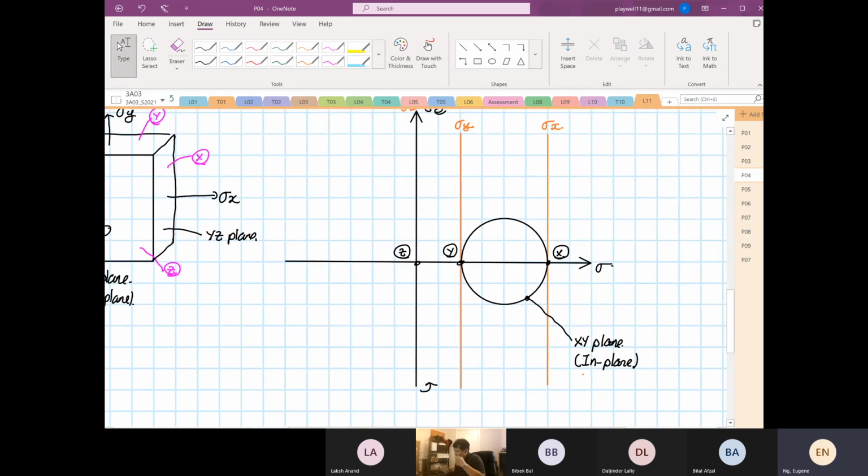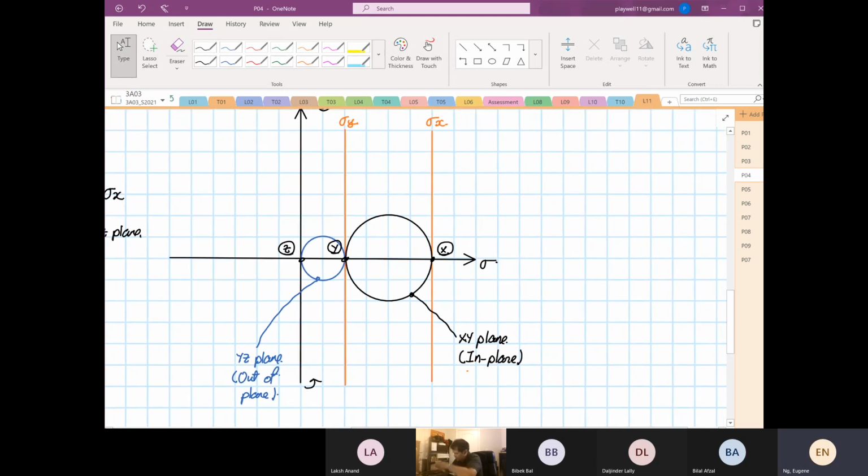Then I'm going to draw another circle, right? So this circle will be from here to here, right? And this circle over here will be for your YZ plane. And it's your out of plane, right?